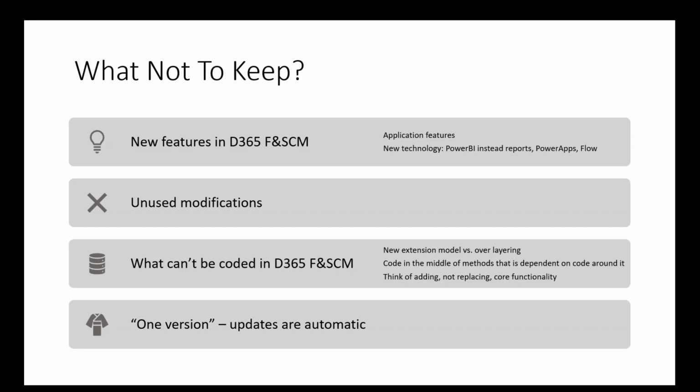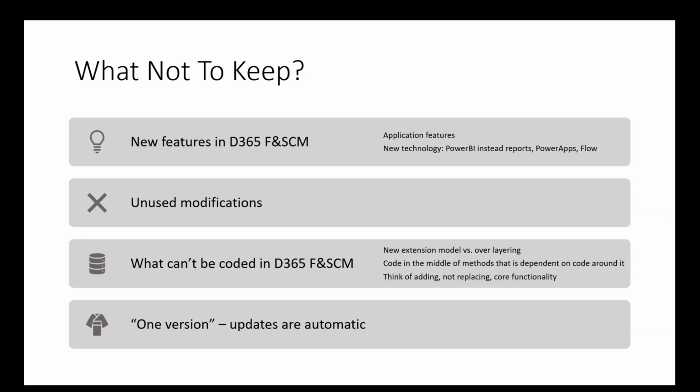And there are also other aspects too, meaning what can't be coded inside of Dynamics 365. For some customers, they're a little shocked by this, but because we can't change core code, if you had core code modifications, that code generally needs to be reanalyzed and re-architected. So if you know you have some really invasive code, you should be documenting that and talking with your partner about it in more detail.